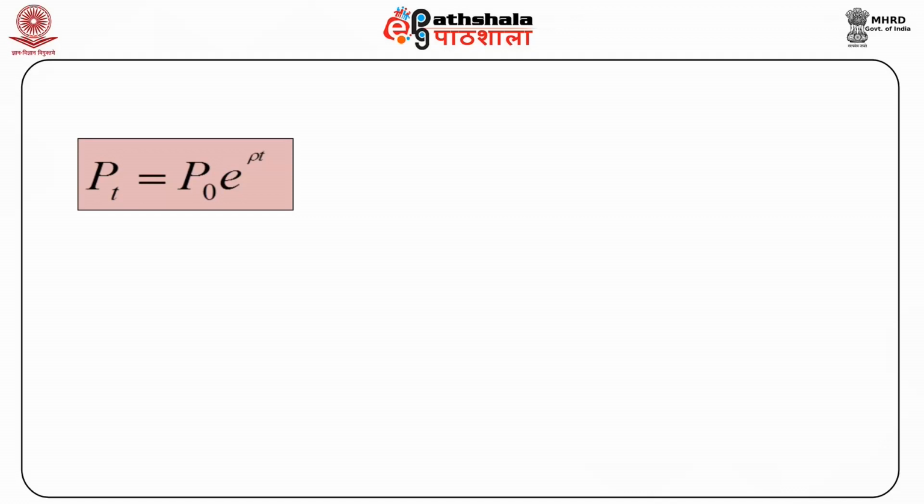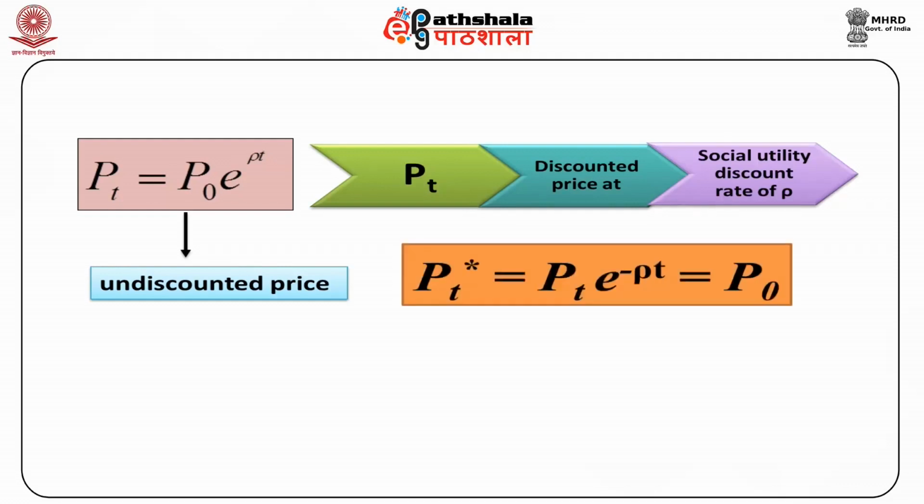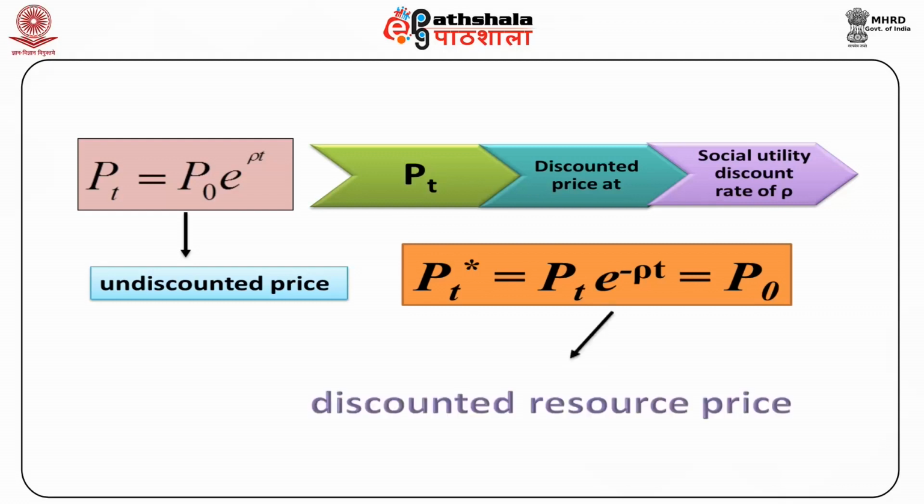In the equation, Pt is the undiscounted price of the natural resource. If Pt is discounted at the social utility discount rate of rho, we arrive at P star t is equal to Pt e to the power minus rho t equals P naught, where P star is the discounted resource price.